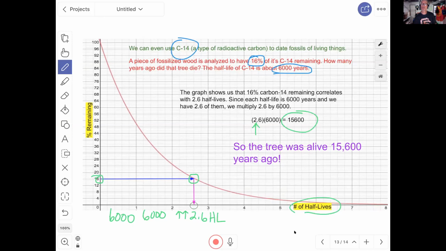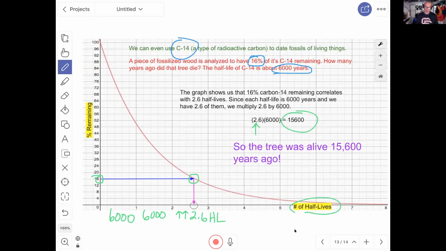Yeah, it goes to nitrogen. And so we can figure out however much carbon-14 that tree has left in it. There's always a constant amount of carbon-14 in the atmosphere, and we know because it has 16% of that amount, now we can figure out how long ago that tree lived. Isn't that cool? I think that's awesome.